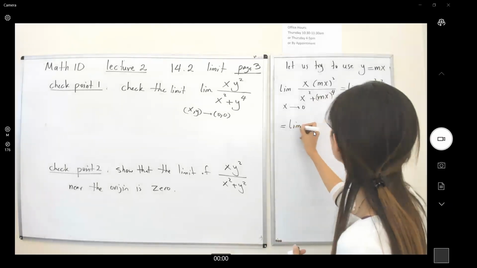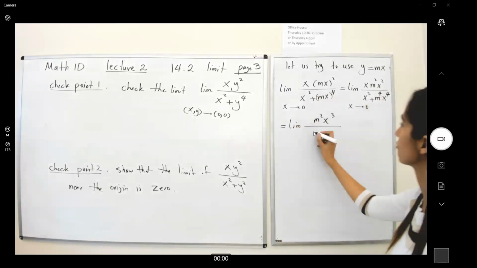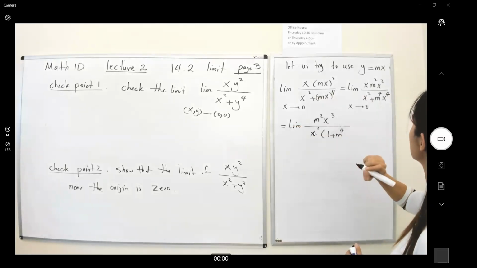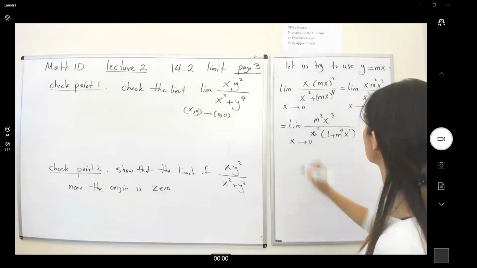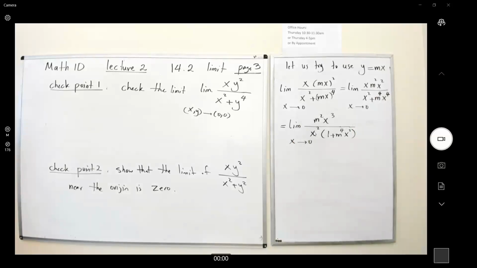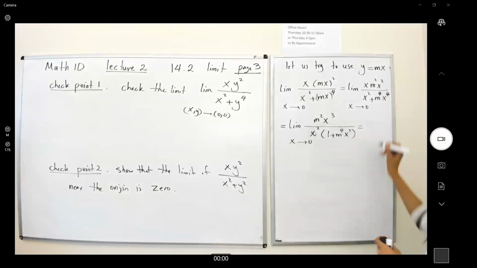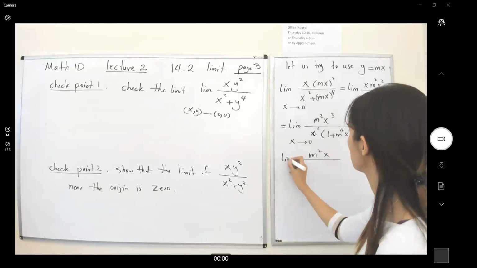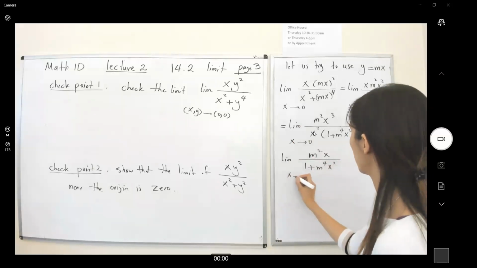So here you get the limit of m squared x cubed, divided by, here you can factor out x squared, you get 1 plus m to the 4th x squared, as x goes to 0. Okay, perfect. So here it's equal to m squared times x divided by 1 plus m to the 4th x squared, as x goes to 0.